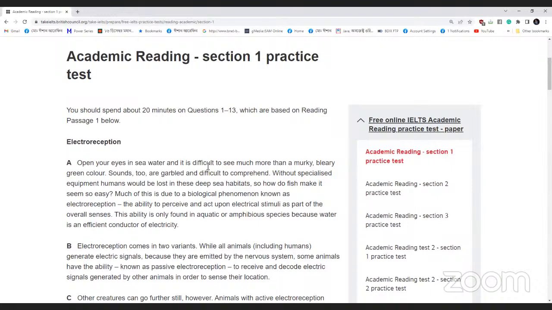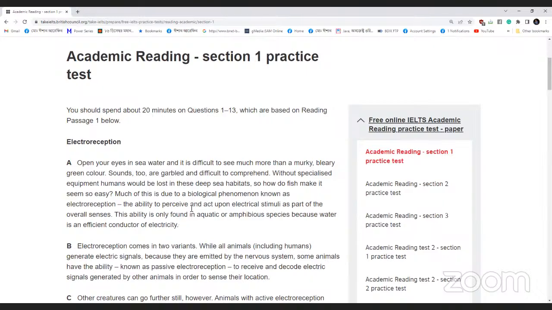In some cases, I know, the paragraphs will not start with the topic sentence. But in most cases, IELTS passages will have paragraphs with topic sentences at the beginning.